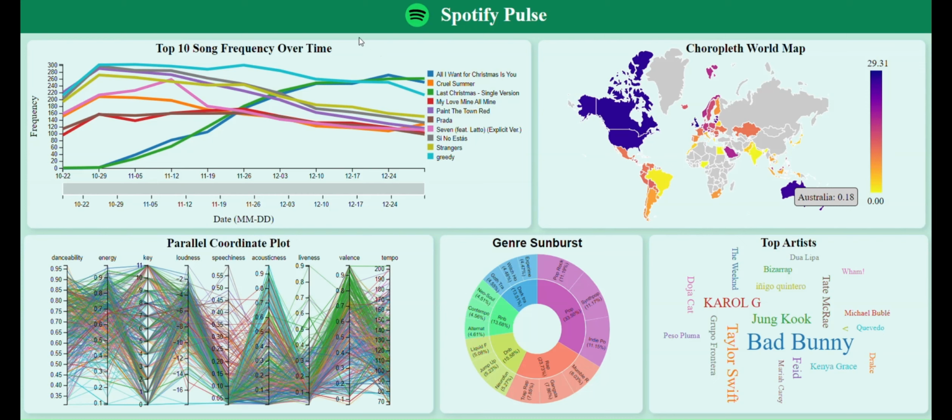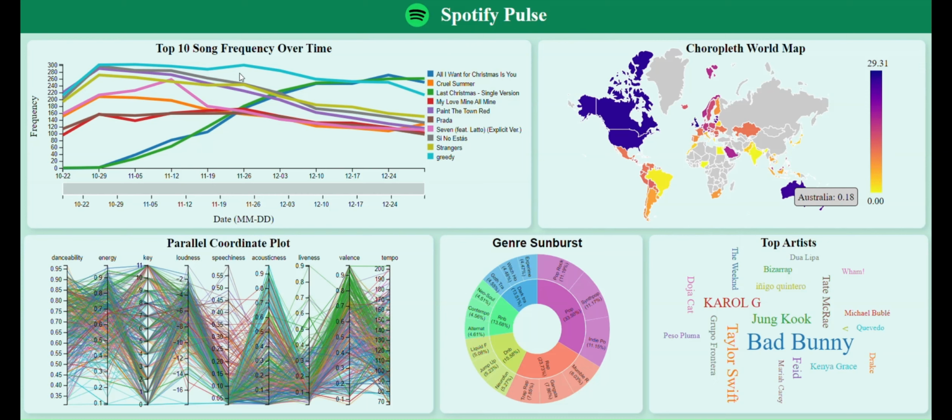The y-axis is the frequency of the song, how many countries the top song is present in, and the x-axis is the date on which the song is present, and you have the legend where you can see the song name and everything.